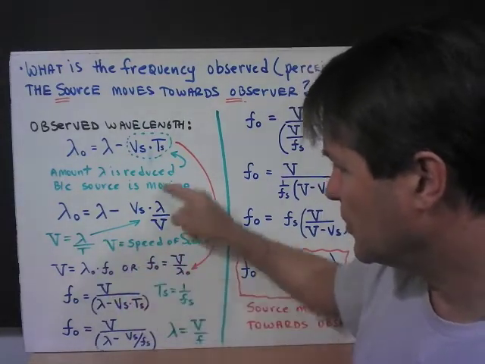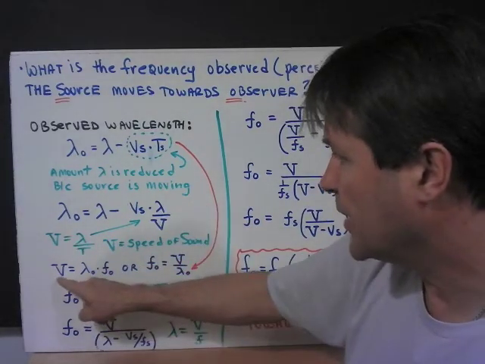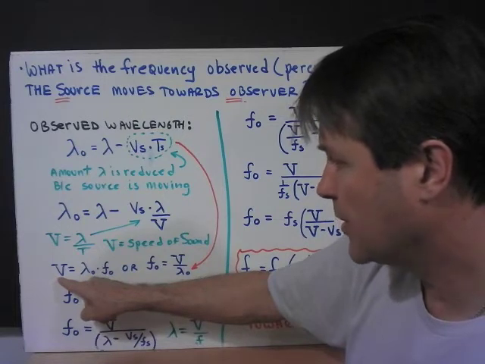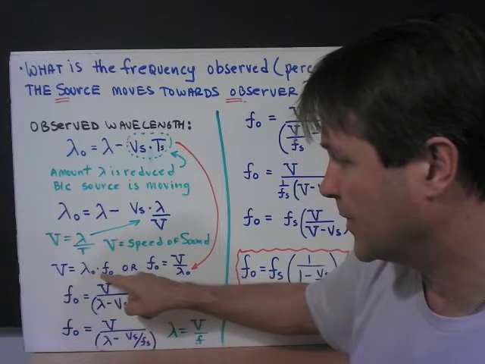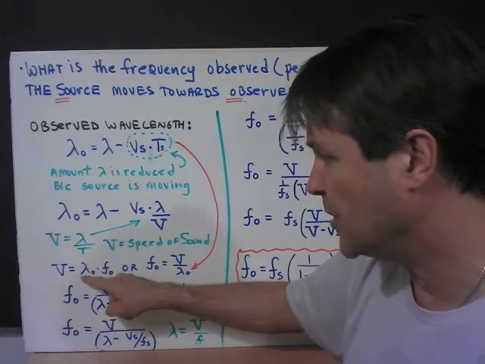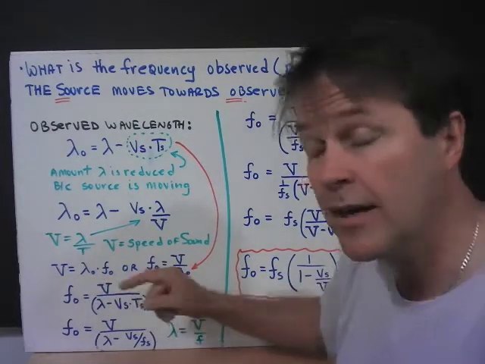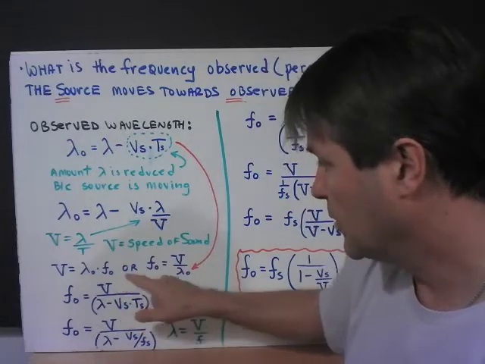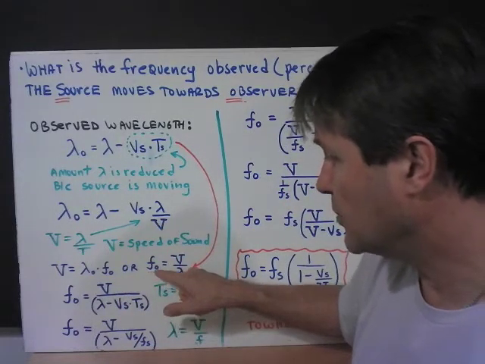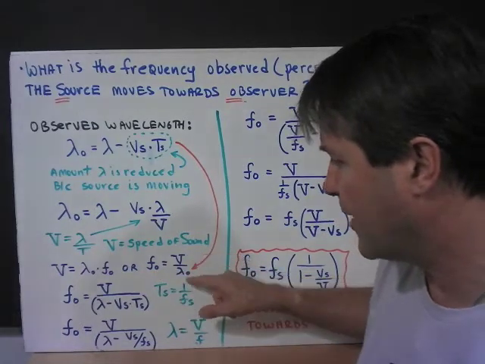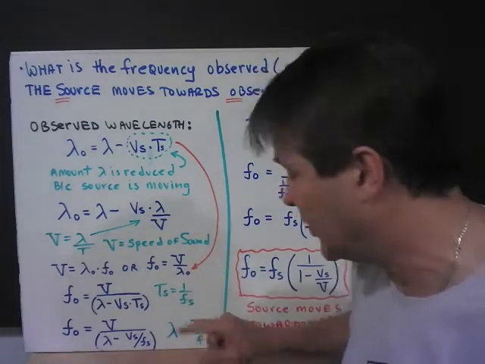So if we continue this proof here, the speed of sound is equal to the product of wavelength and frequency. In this case, it would be the wavelength and frequency of the observed sound, or we can rearrange this in terms of frequency. So the observed frequency is the speed of sound divided by the observed wavelength.